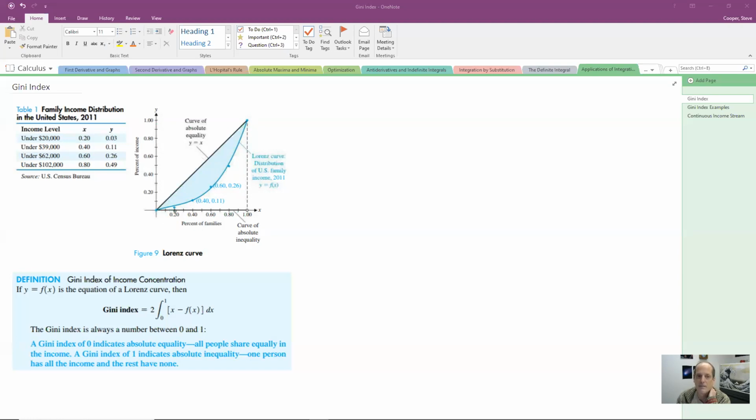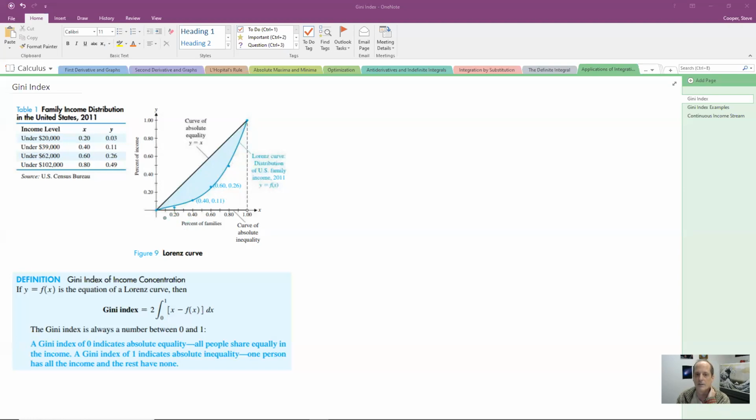Now, the more fair or equal the distribution of income, the smaller your Gini index is going to be, because the actual situation would lie closer to an even distribution of income. And the larger the Gini index, the less equally the income is distributed among the families.